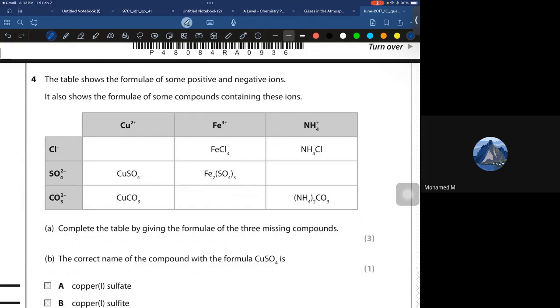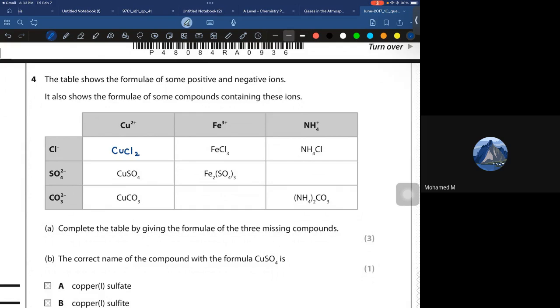Basically, when copper reacts with chlorine, it forms copper chloride, that is CuCl2. Exactly, CuCl2.